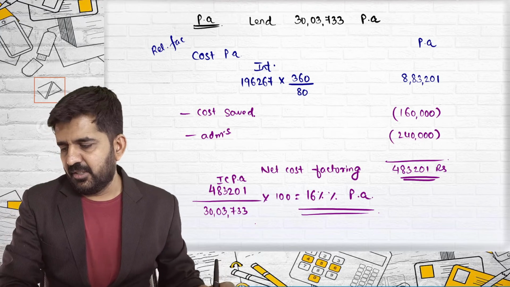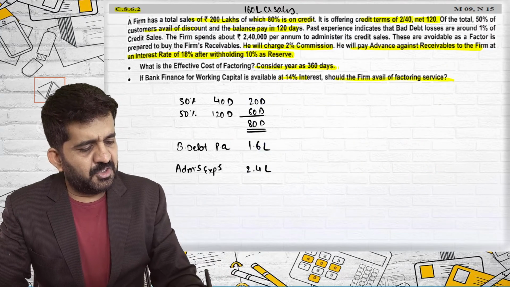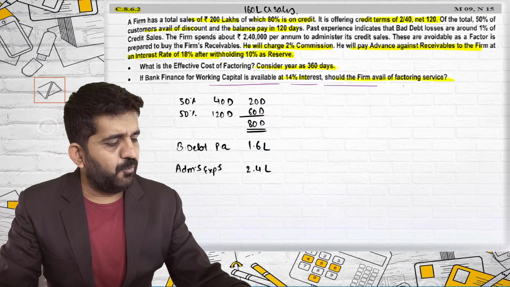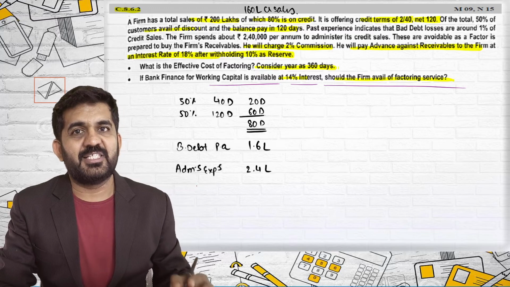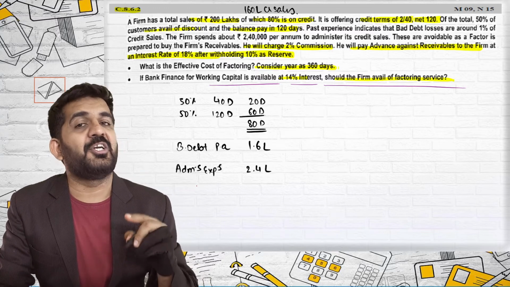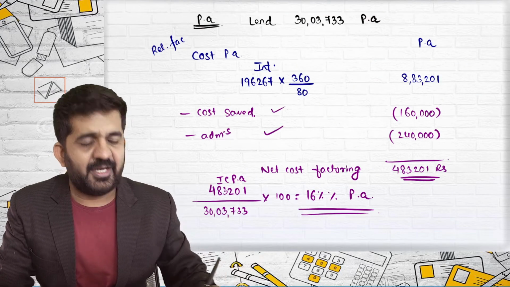They are asking me, if bank finance for working capital is available at 14% interest, should the business use a factoring service? As far as interest is concerned, it is costlier, but you are getting a dual benefit of cost saved and administration.